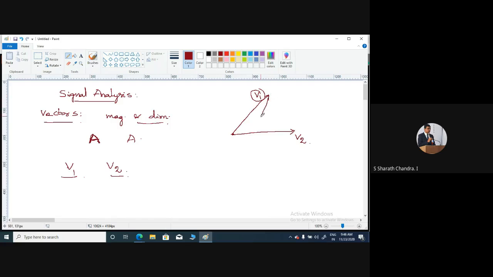This can be drawn in this way, or this way, or any other ways. So there are infinite ways of drawing v1 onto v2.